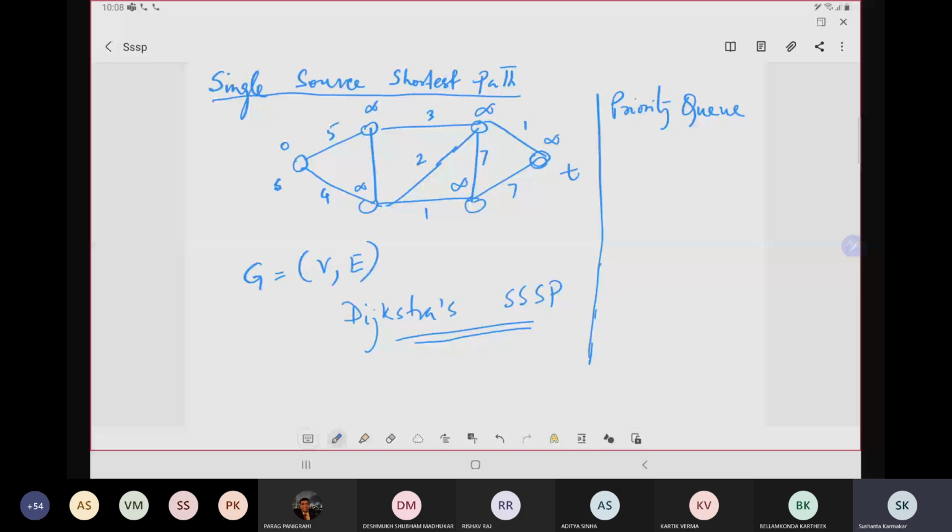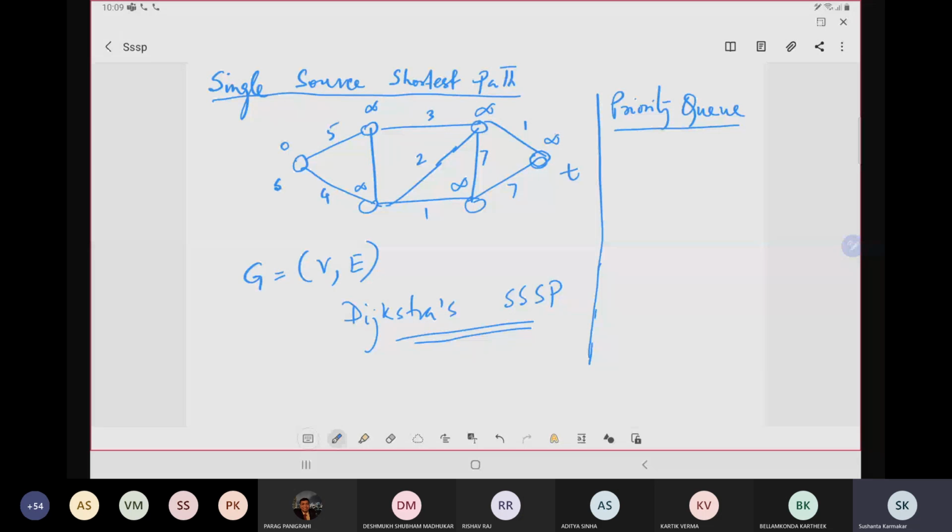What is a priority queue? You may have learned it in CS 203, but if someone is not familiar, then please get familiar with what a priority queue is. In a single line, every element inserted in a queue has a priority.